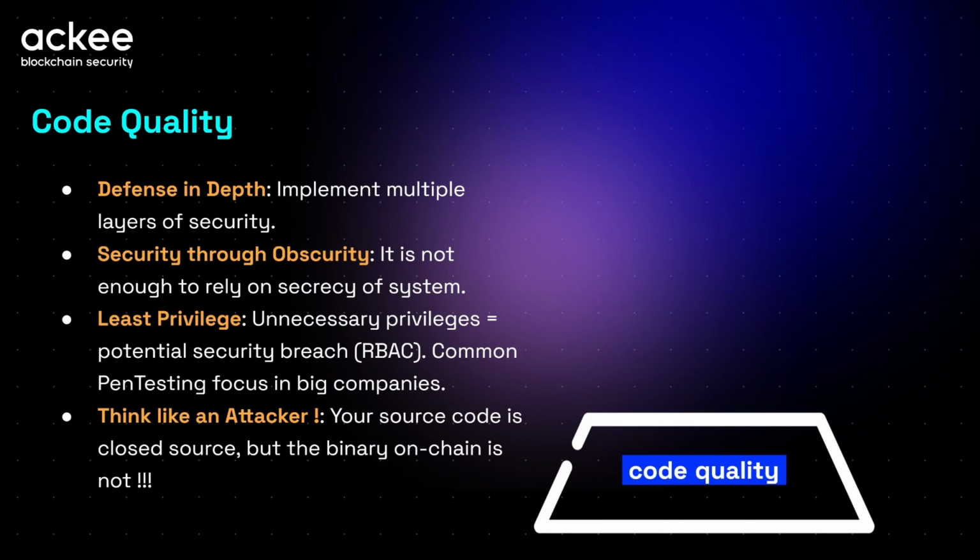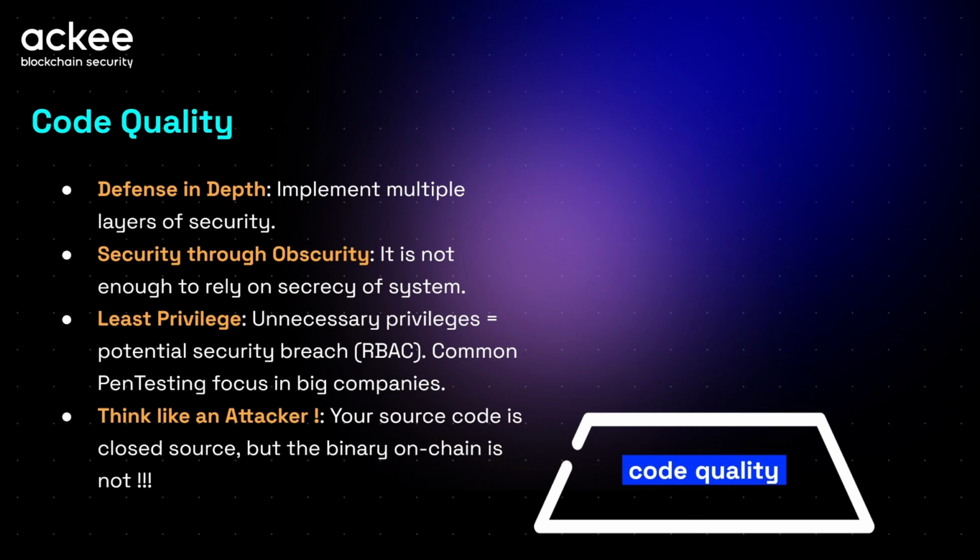And this is again a cliché from my side, but always think like an attacker. You are probably biased towards believing you wrote the smart contract correctly, but keep in mind that maybe your smart contract is not as secure as you think, and try to think like an attacker.